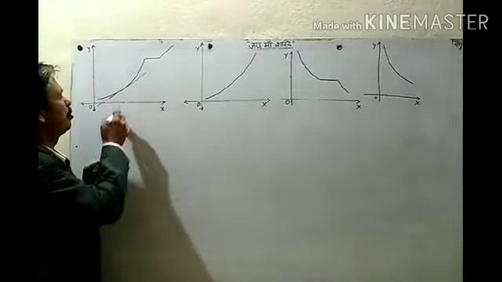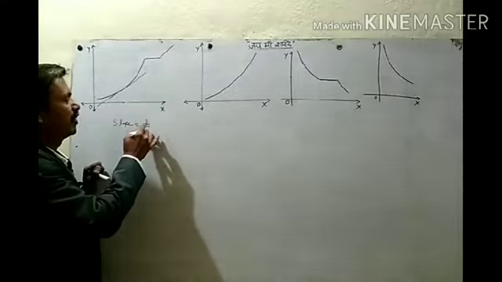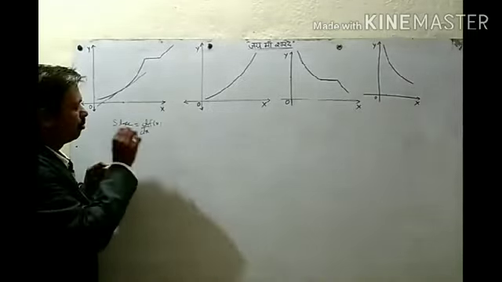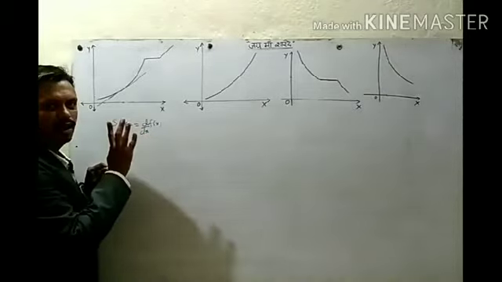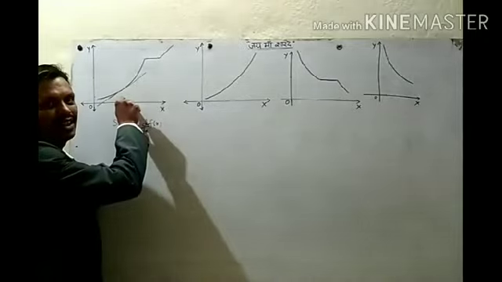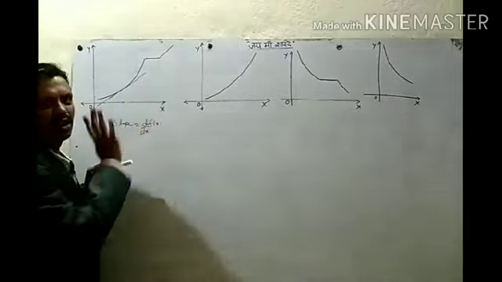So its slope is the same as the derivative of that function. The geometrical meaning of derivative is what? The slope of the tangent at a particular point is the derivative of that function at that particular point.